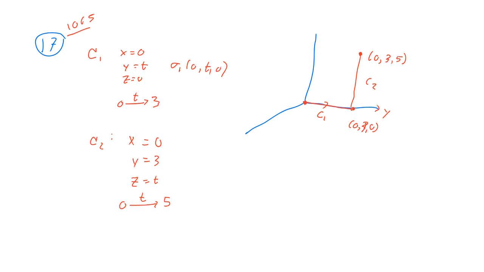Does that make sense? Yeah, so I was also wondering how each function lined up with the graph. And so I think what I'm seeing is that when you're on curve 2, the y is considered fixed, it's a constant, it's always 3, x is a constant, it's always 0, and z is changing.